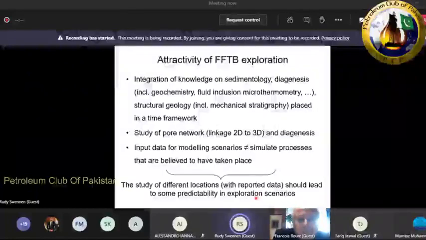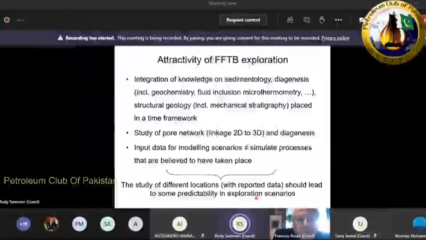Also the structural geology, and especially the mechanical stratigraphy. I will come back to what I mean by that, and to put all these features into a time framework, which allows us to see the evolution of the reservoirs.